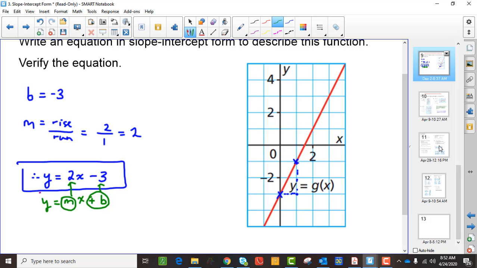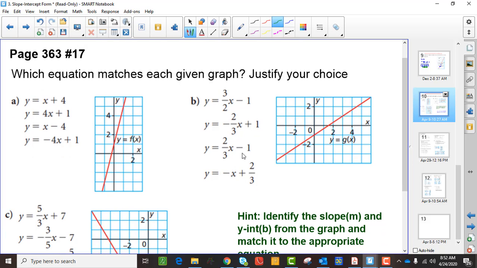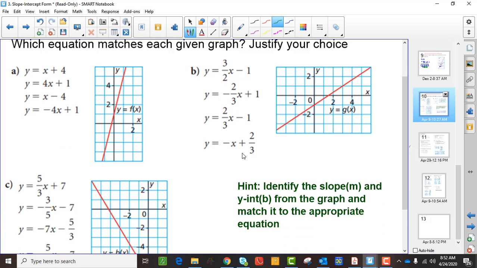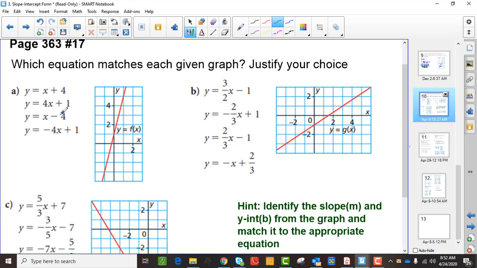For slope-intercept form, there's a number of different questions here. I'm not going to go through each one of these, but I'll show you an example. It says write an equation or which equation matches each graph. The first thing I'm going to do is identify where my y-intercept is. My y-intercept here is at +1. So that means it's not this and it's not this, because they don't have y-intercepts at +1.